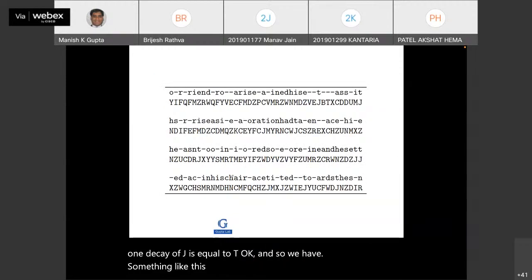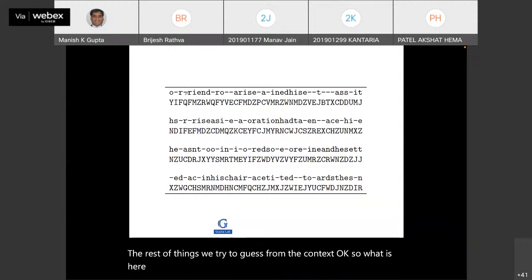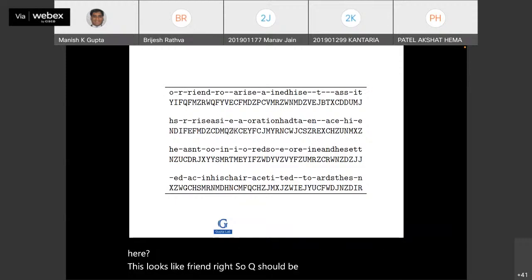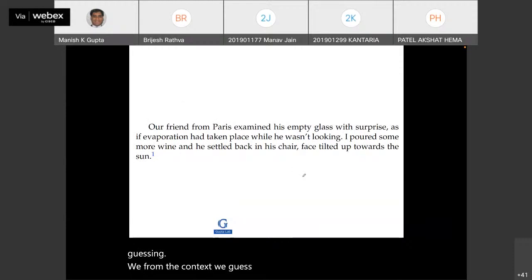Now, more or less, the rest of things we try to guess from the context. So what is here? This looks like friend, right? So Q should be F, and so on. By guessing from the context, we guess that our friend from Paris examined the empty.